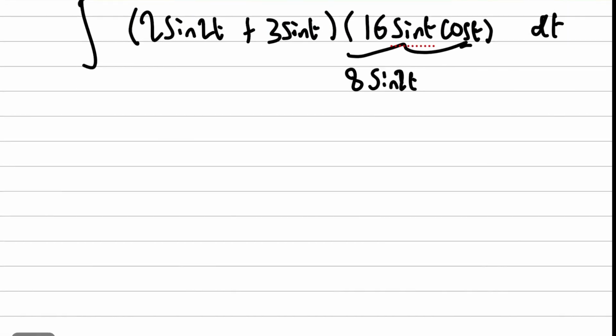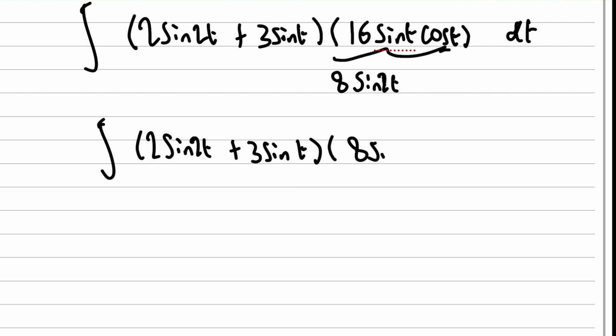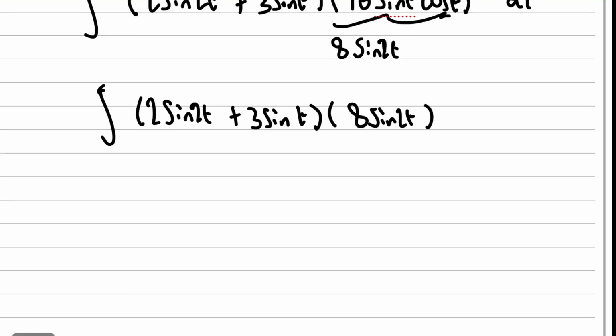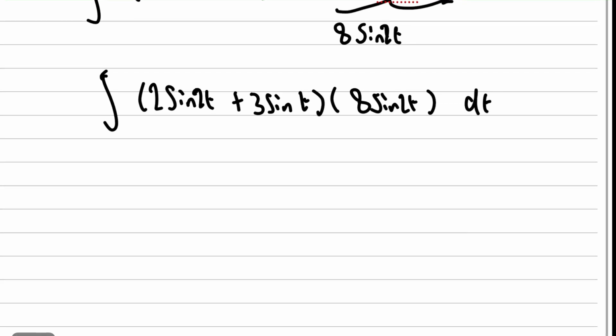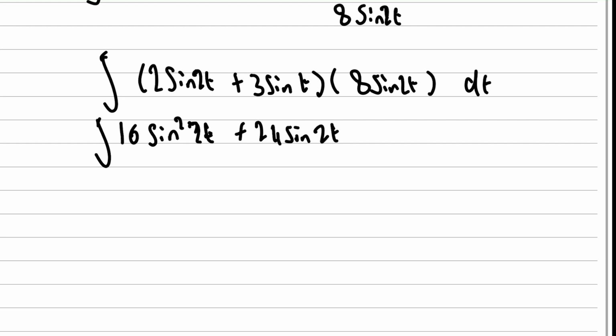So if I write that in the integral, we're left with 2 sine 2t plus 3 sine t multiplied by 8 sine 2t dt. Now if I expand this out, we're going to be left with the integral of 16 sine squared 2t plus 24 sine 2t sine t dt.